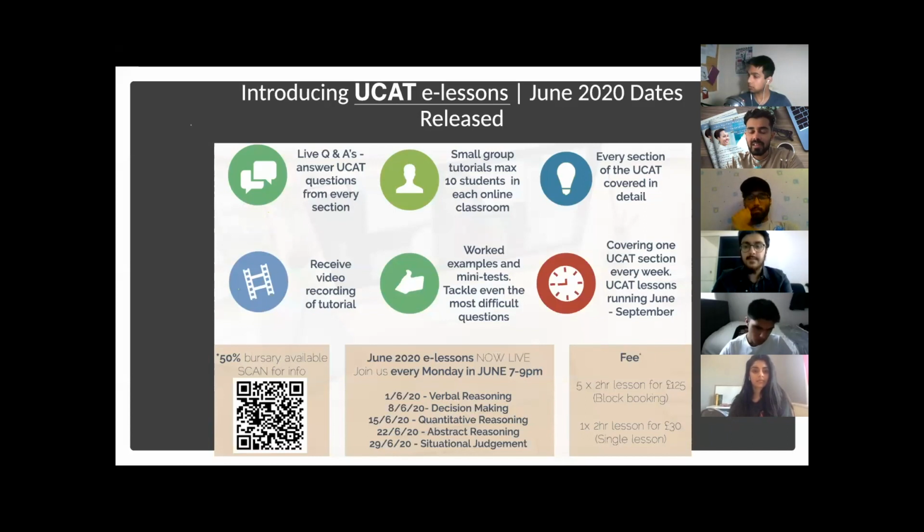So we've decided to give 50% off to anyone who meets the eligibility criteria for the bursary. The way to find out about that is through the QR code. If you've got your phone, you can just scan that. Alternatively, we have that link available on our Instagram with all the different criteria and the evidence you need to supply to validate that. But that means it's 50% off for anyone who's eligible.